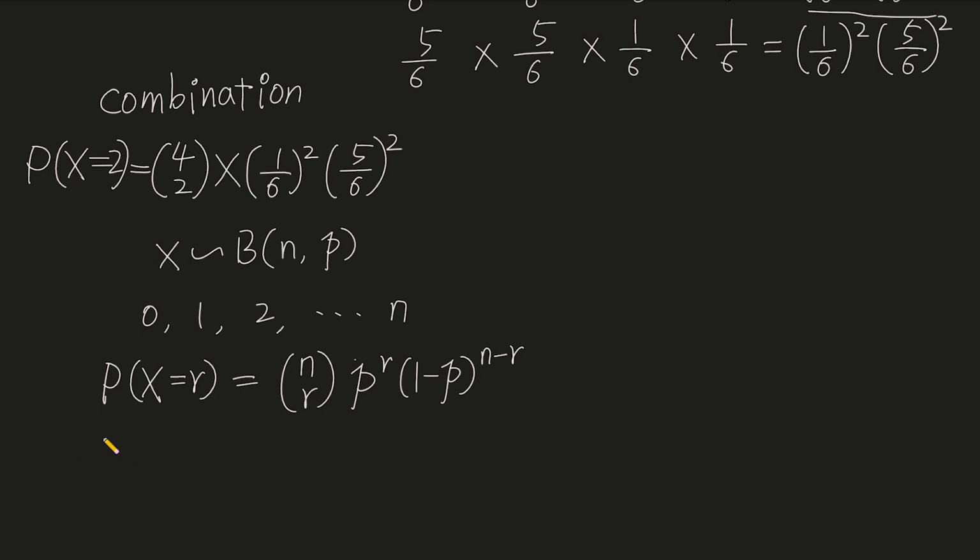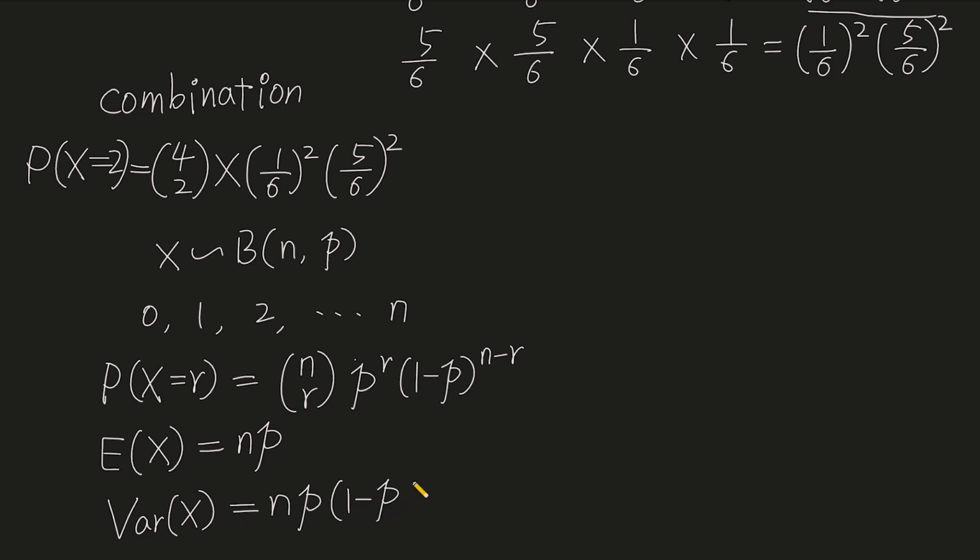And the expectation for a random variable which follows a binomial distribution equals n multiplied by p. And the variance for a random variable which follows a binomial distribution is n multiplied by p multiplied by 1 minus p. For these 2 formulas, we just remember them. But for this formula, it's better for us to know how it comes, how it is this way.